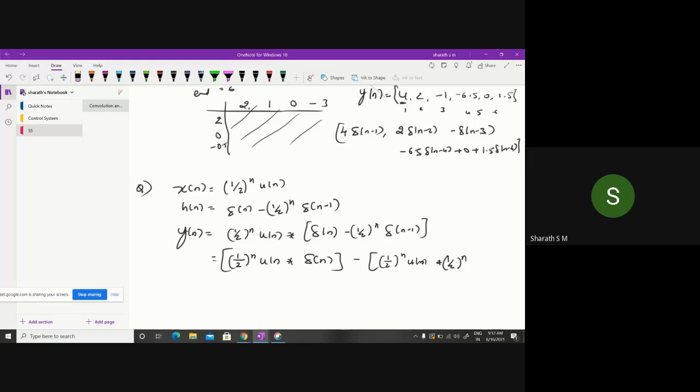We have done the individual convolution: (1/2)^n u of n convolve with delta of n, the same way minus (1/2)^n u of n convolve with delta of n minus 1.